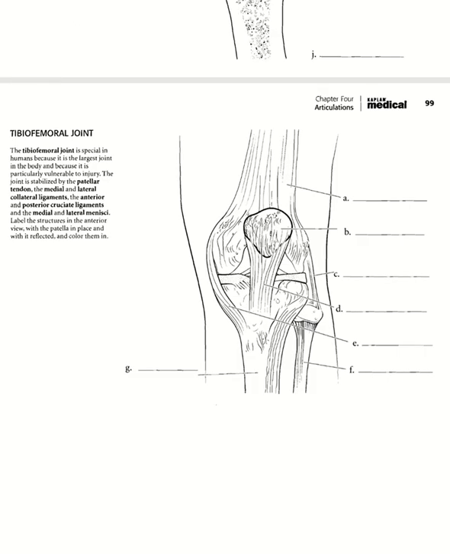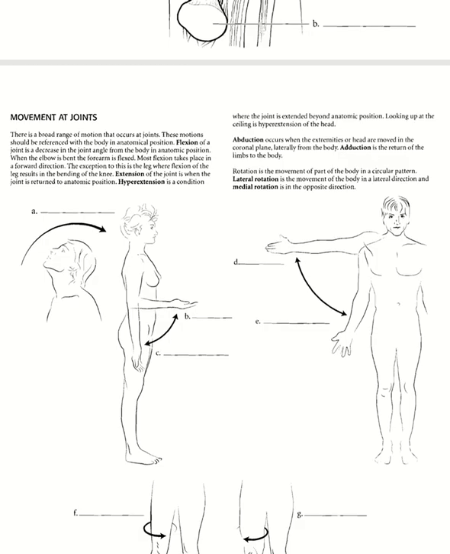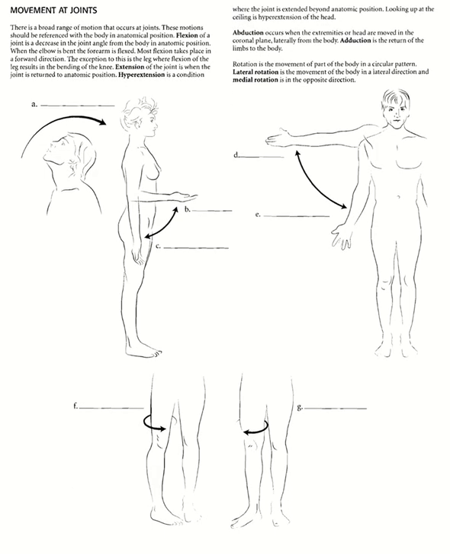Here we go. All right, so because we went over anatomical terminology, I felt that we should do a little bit of movement terminology. And so this diagram is movement at the joints. I'm going to go a little bit out of order.